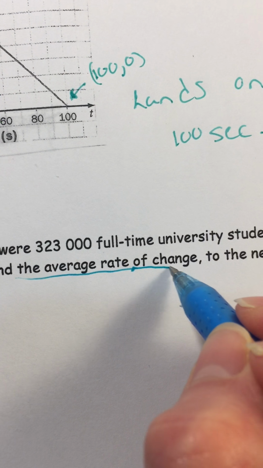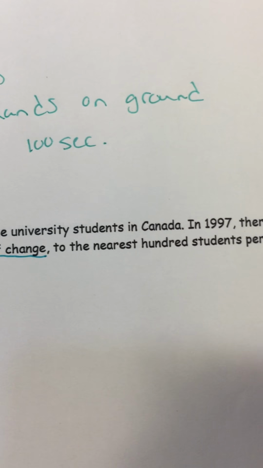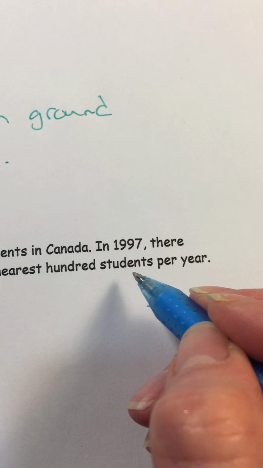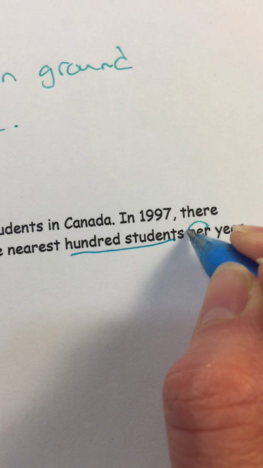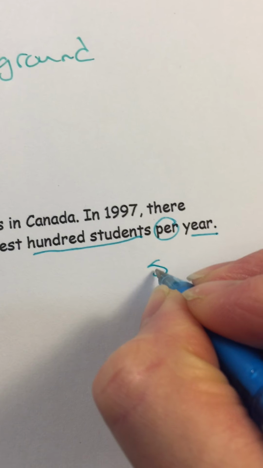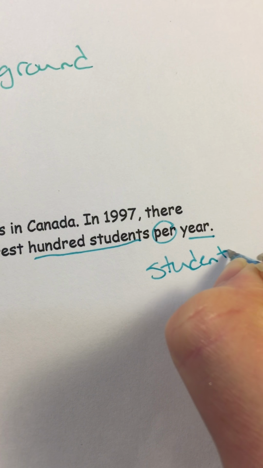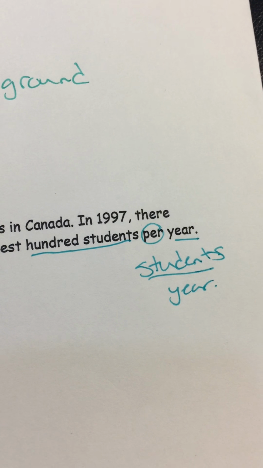So you know you're doing division because a rate is always something per something. And it says to the nearest 100 students per year. So we know students is on the top of this fraction. Students per is the division and year is going to be on the bottom. That's the rate that we want.